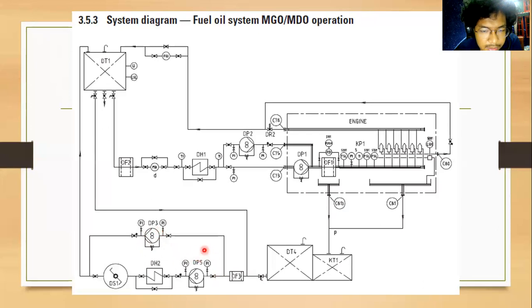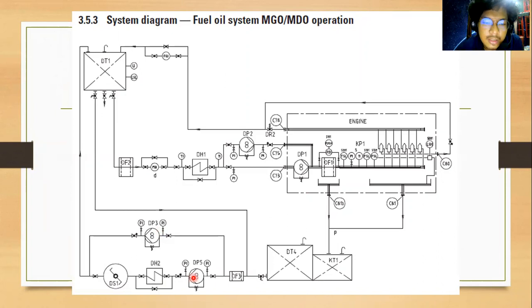But if the fuel is sucked by DP5 here, the fuel will be separated in the separator. But first, the fuel needs to be preheated by this TH2. So we can assume that the fuel sucked by this pump is bad quality fuel.